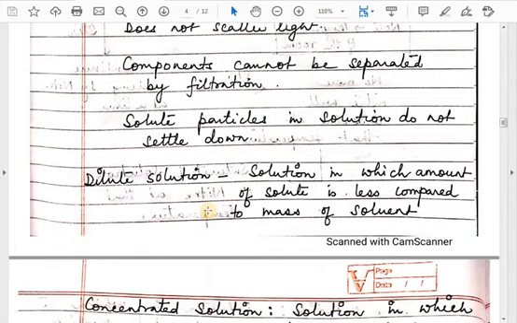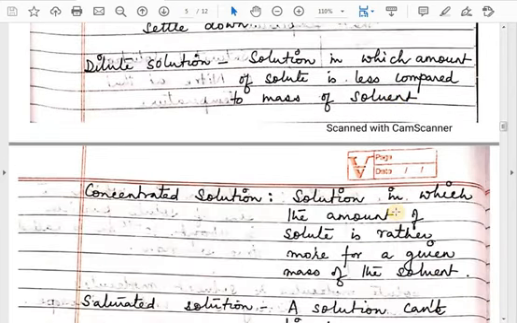Now what is dilute solution? A solution in which the amount of solute is less compared to the mass of solvent is called dilute solution. Another term is concentrated solution, that is the solution in which the amount of solute is rather more for a given mass of the solvent.